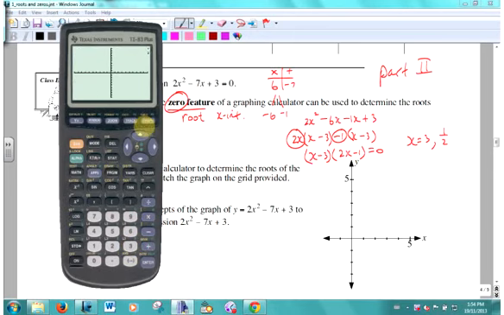Let's graph this guy. Okay, that's the standard window on here. It goes from -10 to +10 for x and -10 to +10 for y. If you don't see this, then you have to go in and change your window to the standard settings. Okay, from -10 to 10 for x, -10 to +10 for y. Okay, mine is, so I'm okay.